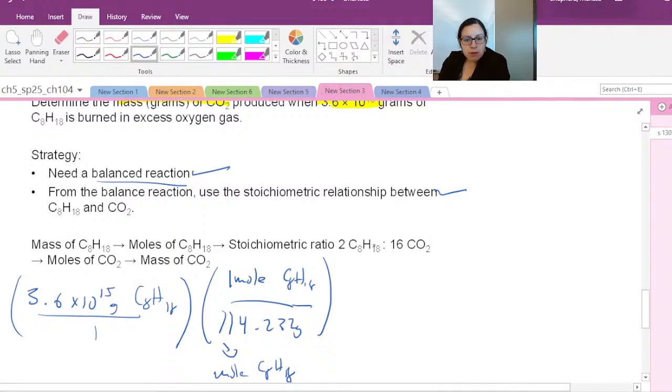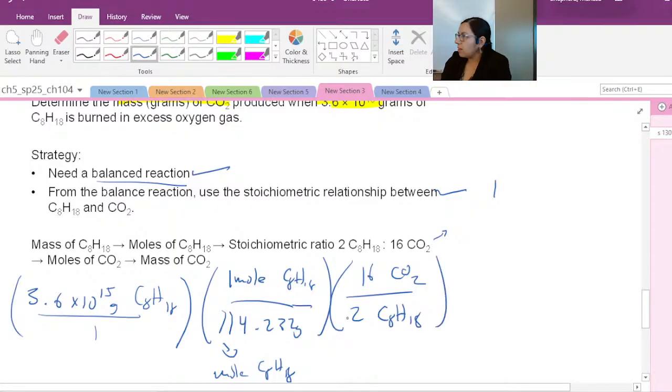Then we have our mole-mole ratio. They kind of fed it to us funny. Again, I like putting it in our conversion factor. So exactly right. So set up in this form such that the octane cancels out.